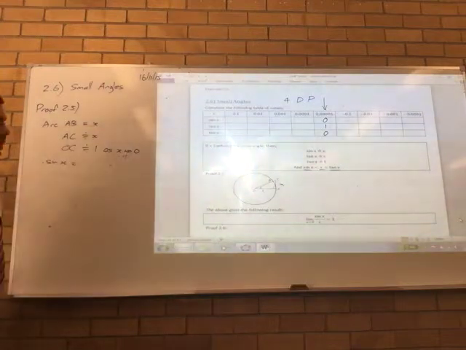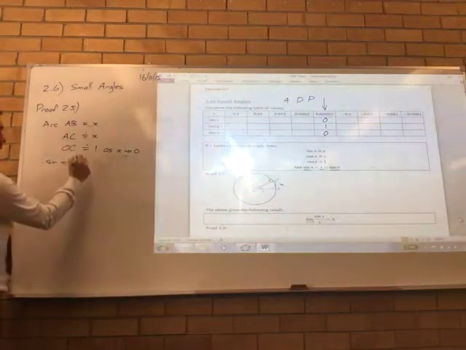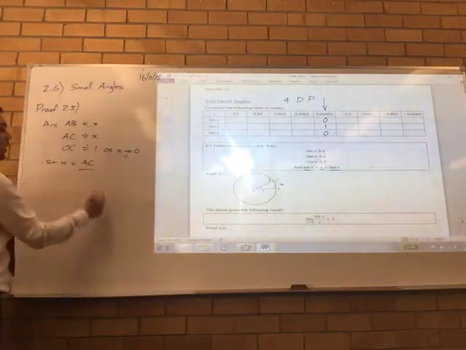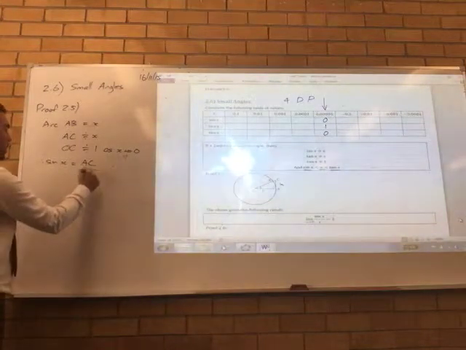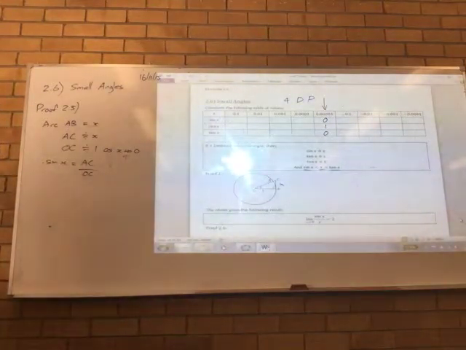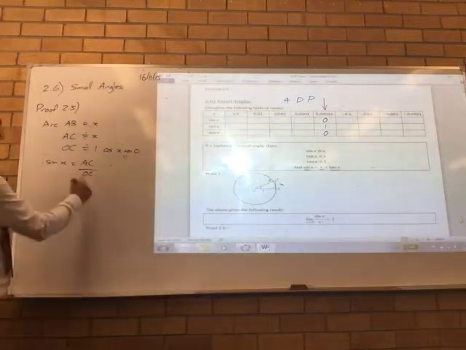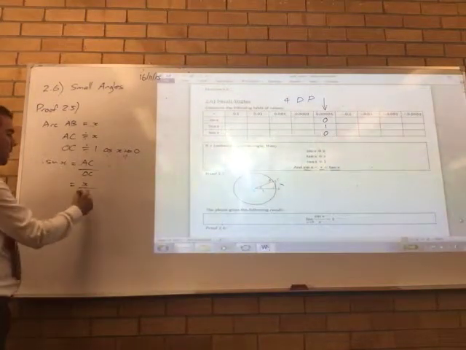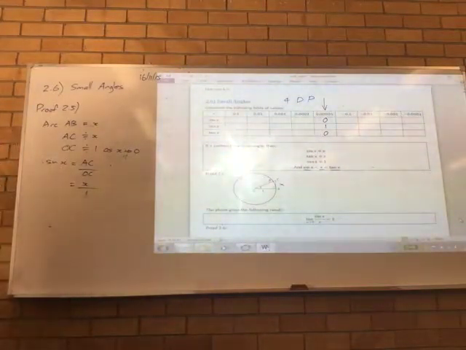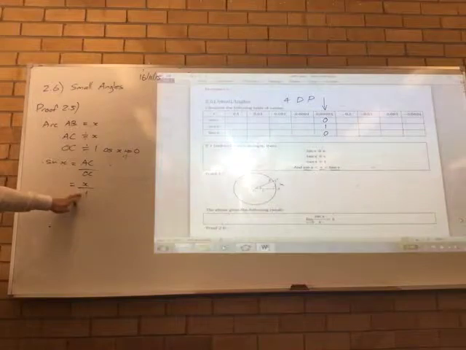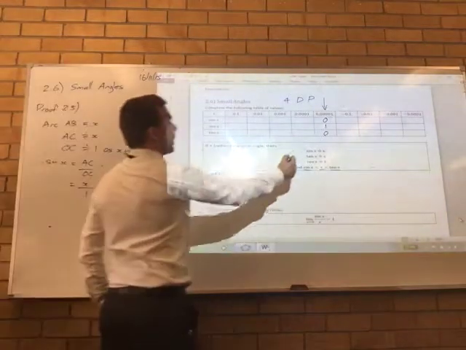So sine x is your opposite, which is AC, over your hypotenuse of the right angle triangle there. We're assuming as x gets smaller and smaller, AC is x, and OC is 1. So as we get very, very small, by considering what happens to the triangle and the lengths, sine x is going to approach x. That's that first result there.